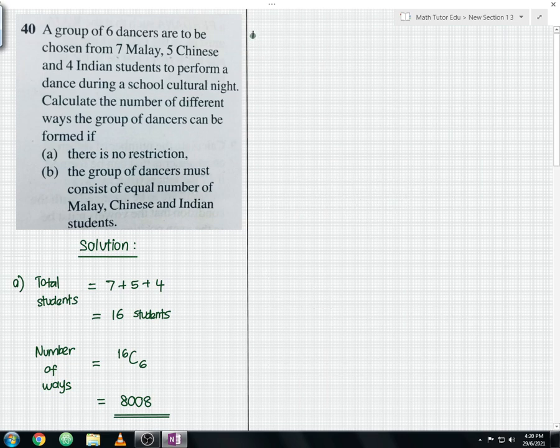Okay, so from here let us continue our working. We know what to do now, so let us write the statement first.